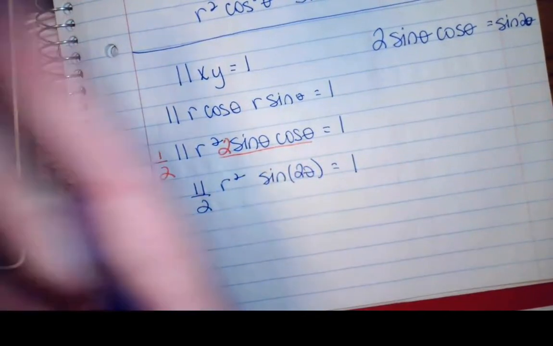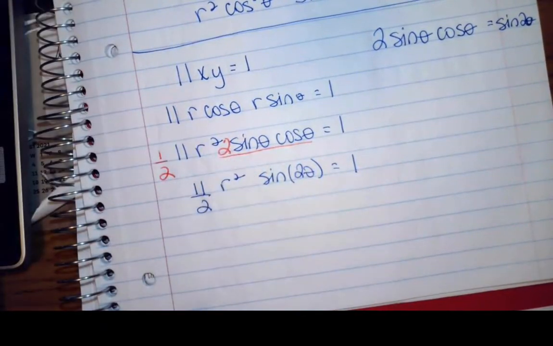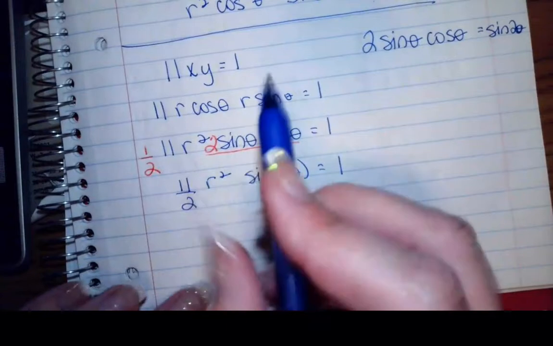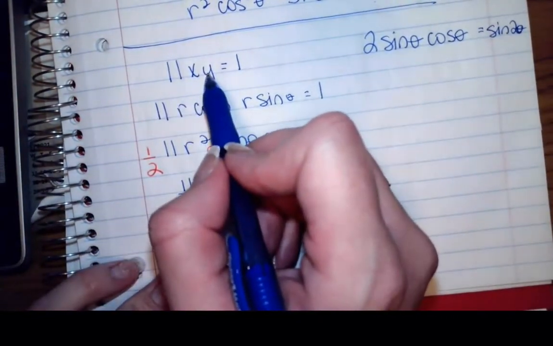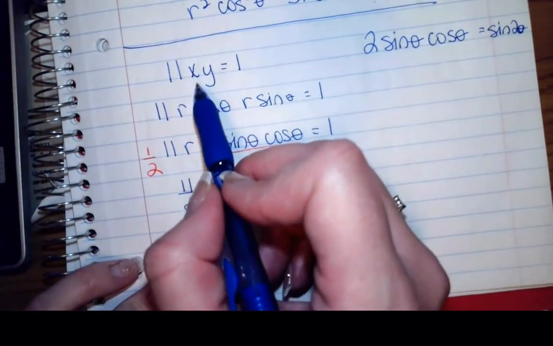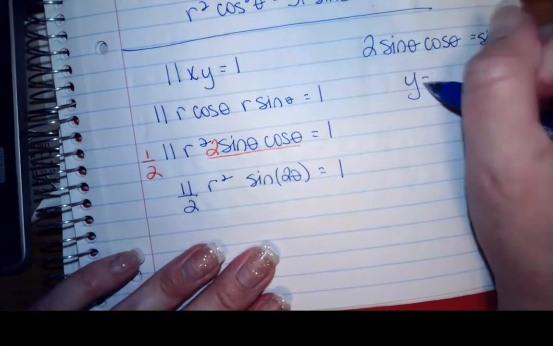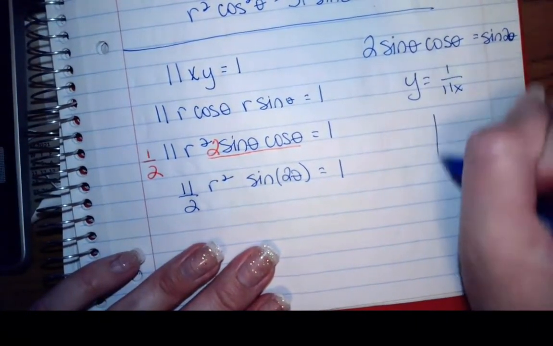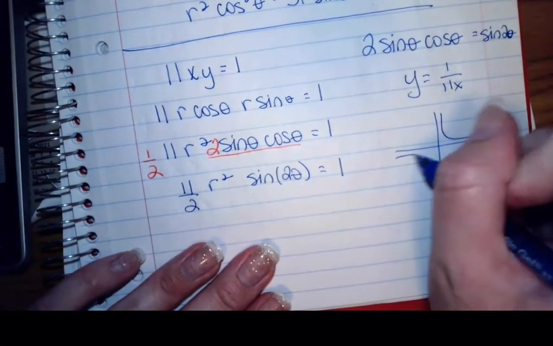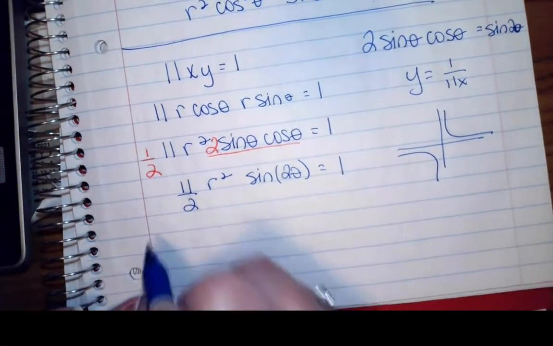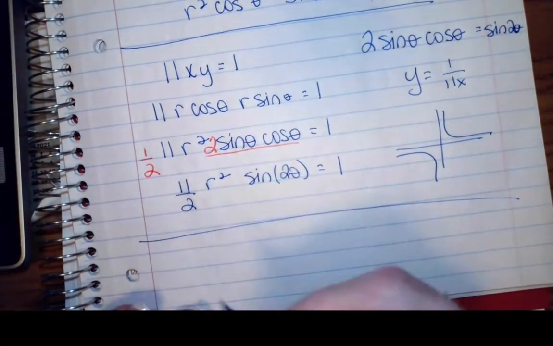So even though it's not obvious, that 2 is still there. All right, so, and again, what would this be if you graphed it? You would divide both sides by 11x, and you would have y equals 1 over 11x, which would look like that graph right there.